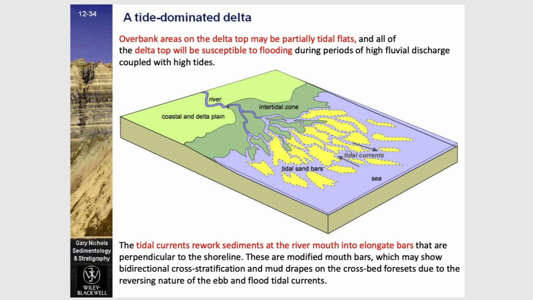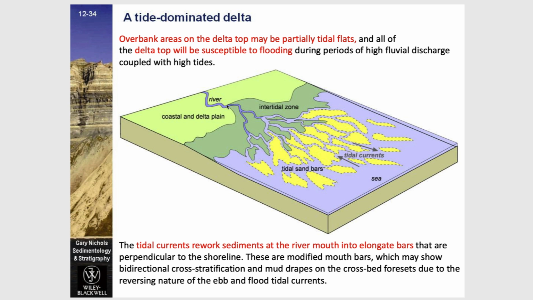So remember that the tidal currents will rework the sediments at the river mouth into elongated bars, which are commonly perpendicular to the shoreline. So these will be modified mouth bars, which usually can display, not always, but in some cases, herringbone stratification, so the bidirectional cross stratification, which is again related to the polarity of the tidal currents.